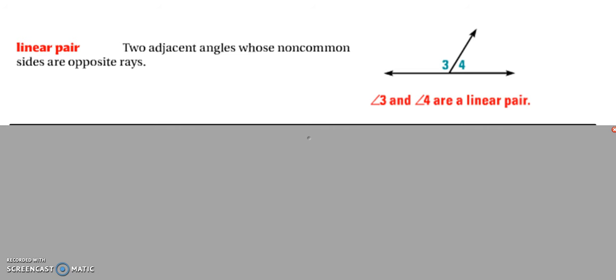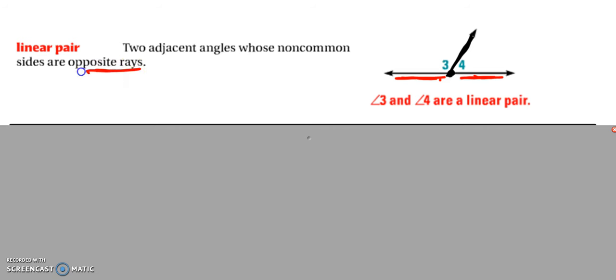Next, we're going to talk about linear pairs. So linear pairs are two adjacent angles whose non-common sides are opposite rays. So two adjacent angles, so we said adjacent means they share a common vertex and side, but this time the side that they don't share, so this side and this side, are going to be opposite rays.